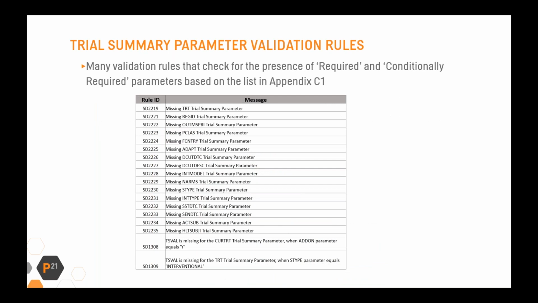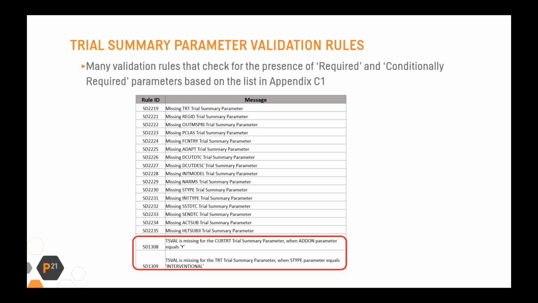So Pinnacle 21 has created many validation rules that check for the presence of the required and conditionally required parameters that are based on the list in the SDTMIG Appendix C1. And this is the list of them here, meaning a record needs to be included for those required parameters. We have some conditional rules as well.